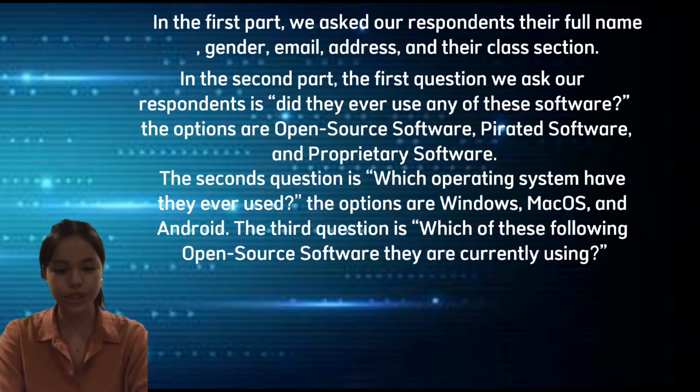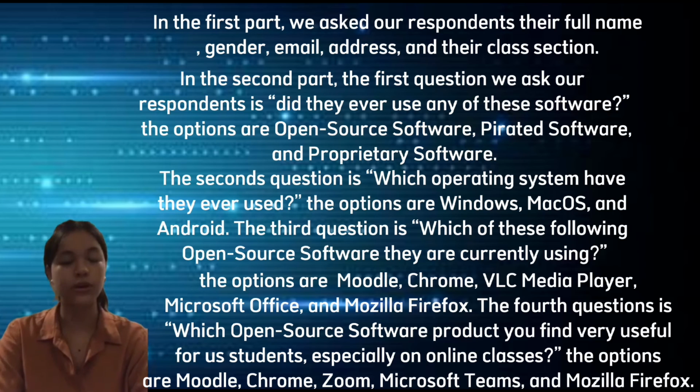The third question is, which of the following open source software are they currently using? The options are Moodle, Chrome, VLC Media Player, Microsoft Office, and Firefox. The fourth question is, which of the following open source software products do you find very useful for us students, especially in online classes?